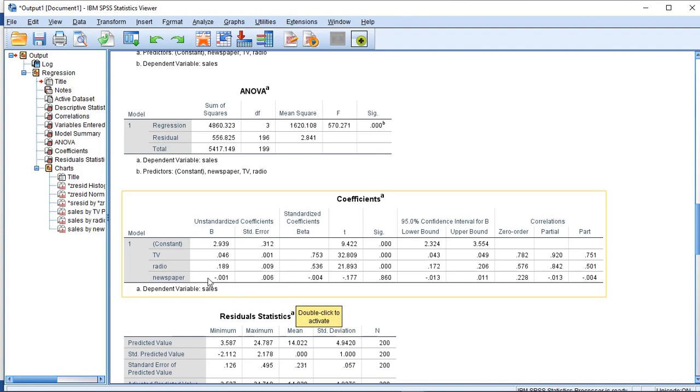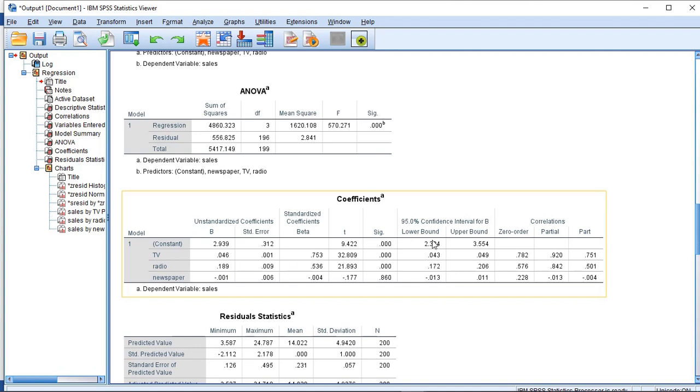The radio test statistic is 21.89, it is also statistically significant. But for the newspaper, the test is not statistically significant because the p-value is greater than the alpha level of 0.05. That's why we see on the correlation matrix that we have a weak relationship between the newspaper and the sales.